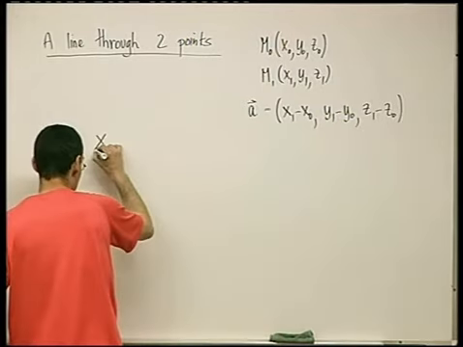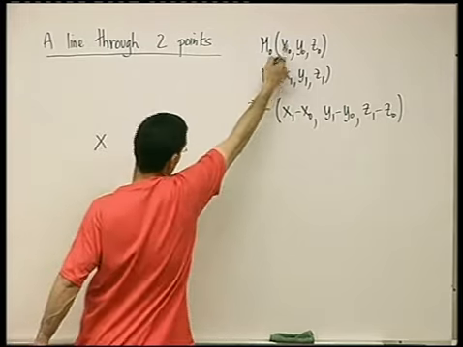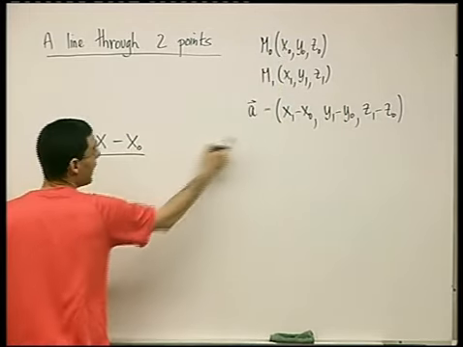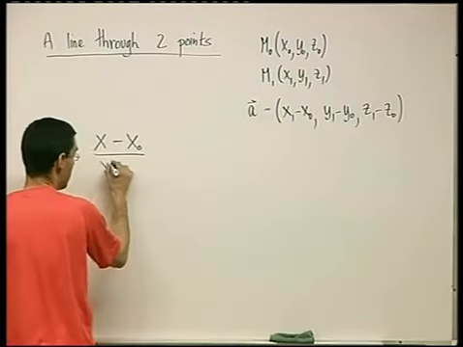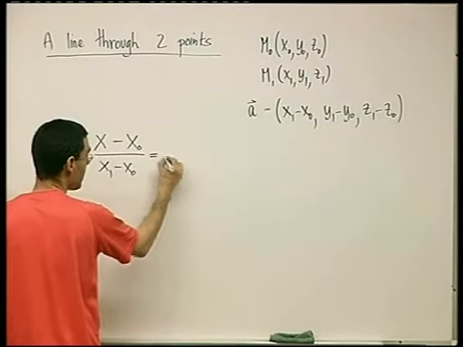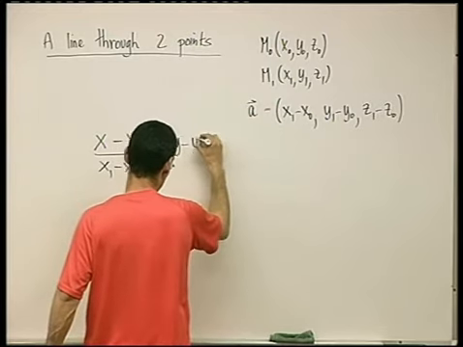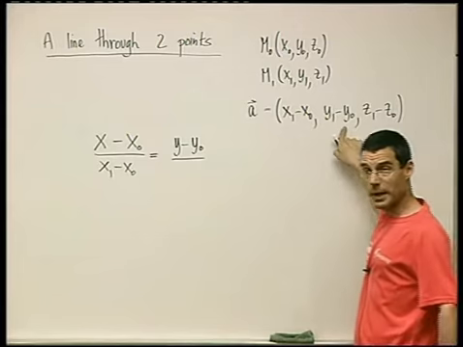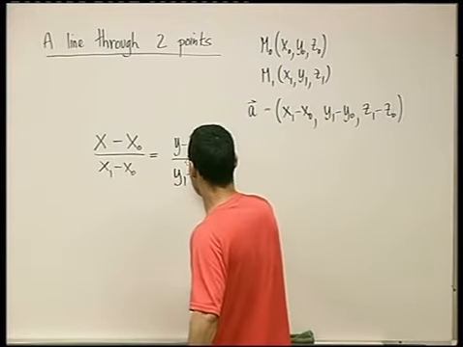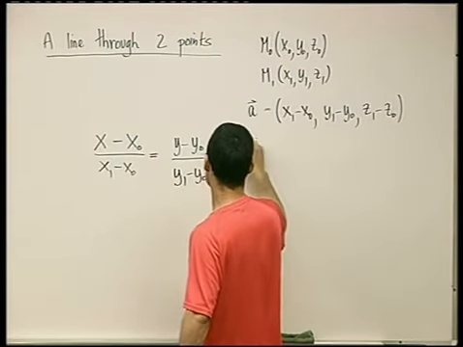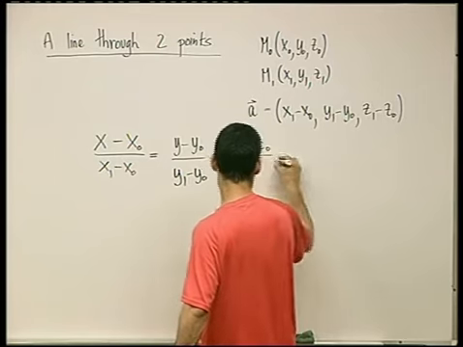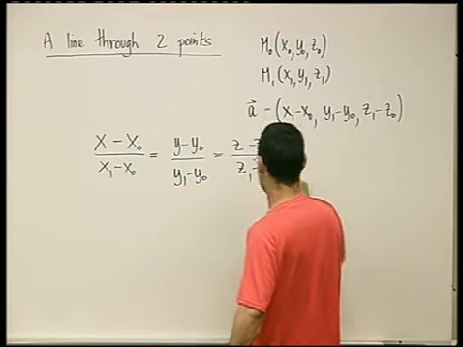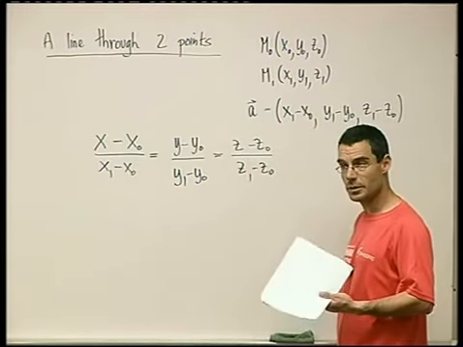So x is the variable. It's x minus x0, choosing m0, divided by L, which is x1 minus x0, equals y minus y0 divided by m, which is y1 minus y0, equals z minus z0 divided by n, which is z1 minus z0. So this is the equation.